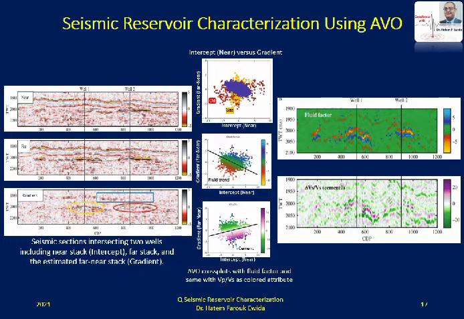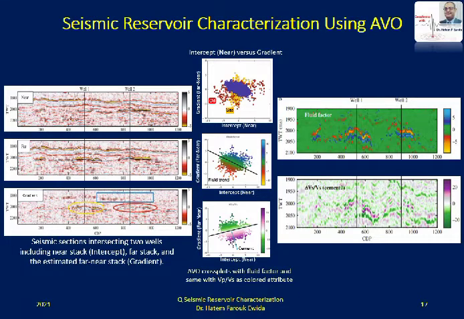And this one is the fluid factor, and you have the fluids concentrated around the wells, because this is a gas one. So this is how we use AVO in reservoir characterization to understand the lithology and fluid.